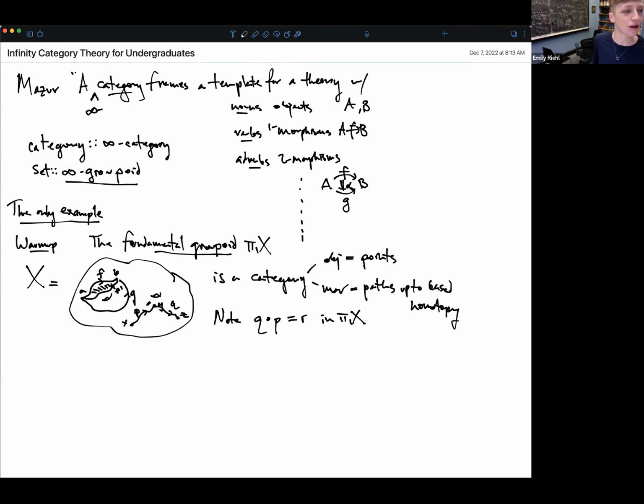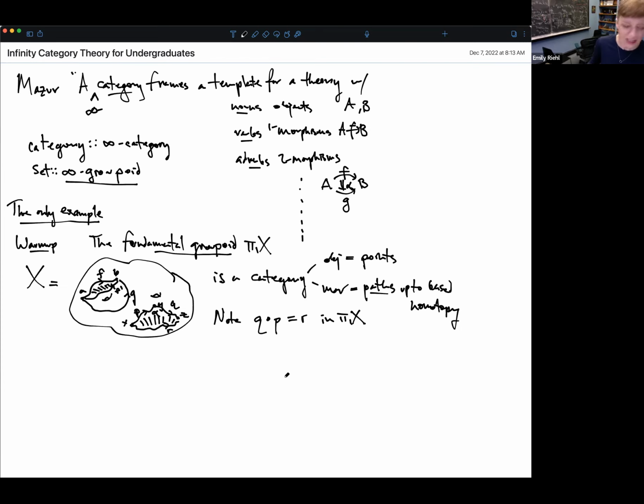But the point is that's not the only representation of the composite in the fundamental groupoid. Instead, because the morphisms are really paths up to based homotopy, any other path R, like the one I'm drawing in now, for which there exists some homotopy filling in this triangle, and I should give this homotopy a name, so I'll call it alpha, any other path R equipped with a homotopy alpha inhabiting that triangle defines a composite of P and Q in this fundamental groupoid.